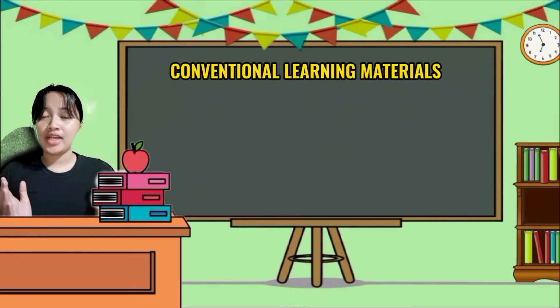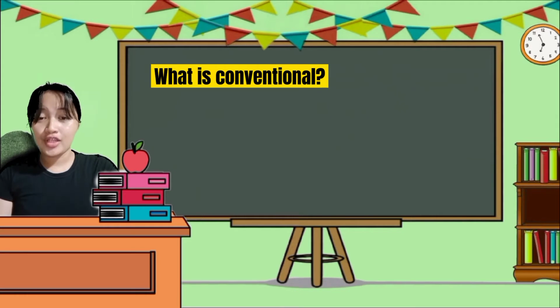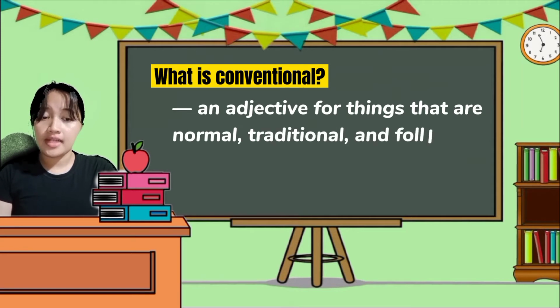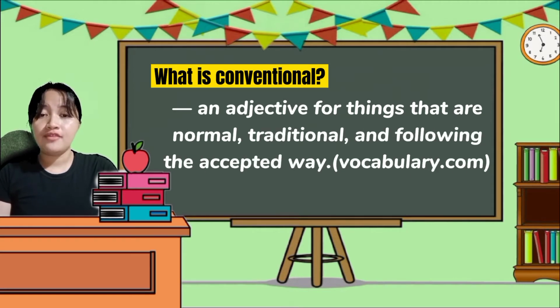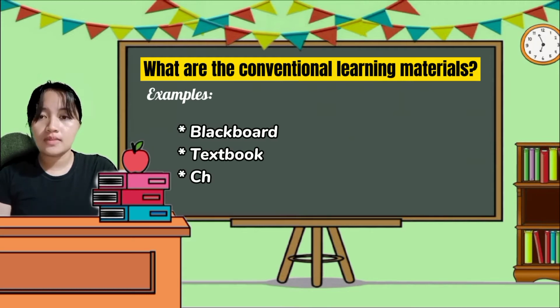Conventional learning materials in ICT. What is conventional? According to vocabulary.com, conventional is an adjective for things that are normal, traditional, and following the accepted way. So what are the conventional learning materials? For example, in a traditional classroom setting, we have the usual teaching aids like blackboards, textbooks, charts, and so on.